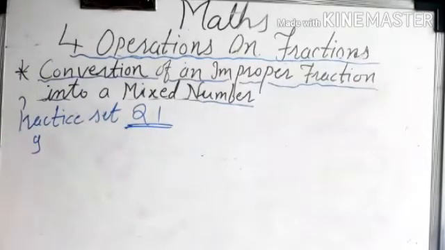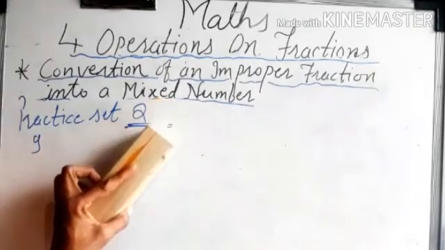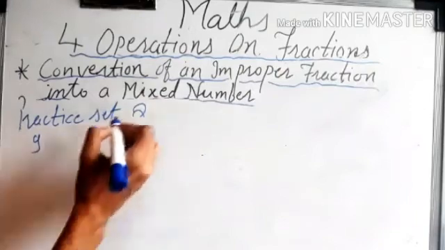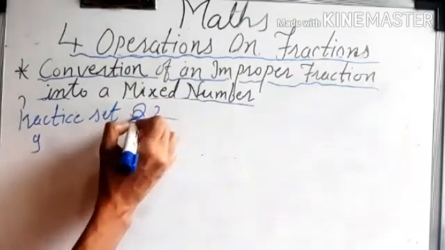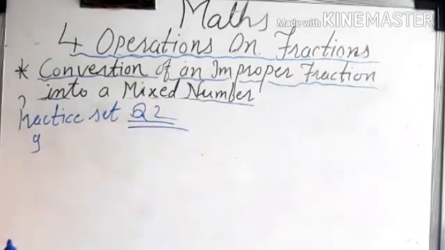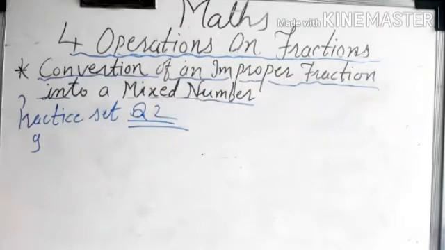We will take question number 2 first, because question number 1 I haven't taught you yet. Practice set 9, question number 2. Convert into mixed numbers.